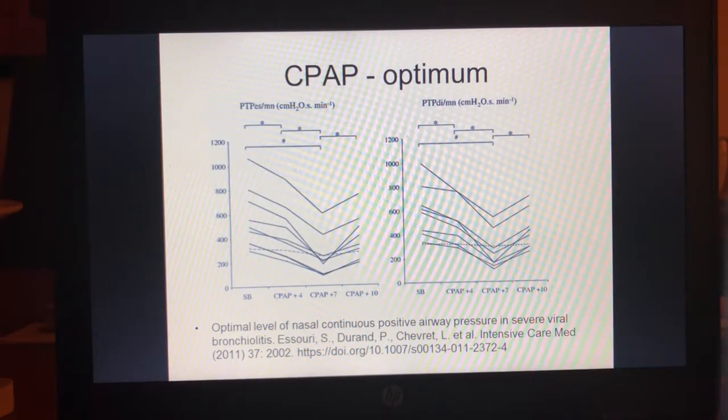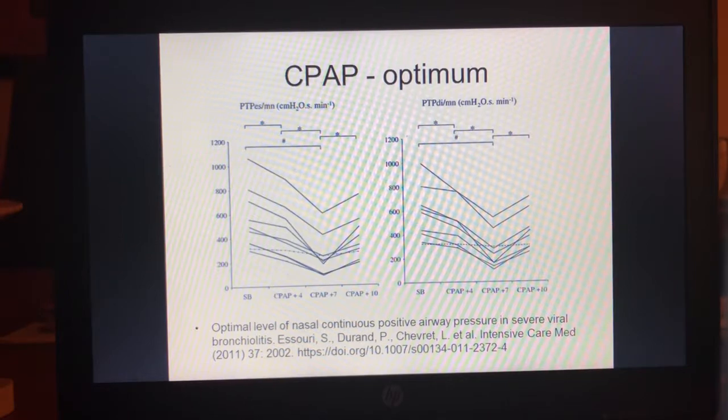So the left-hand y-axis shows the figures of PTPES per minute, and PTPES is pressure time product in the esophagus, and measuring that is a good marker for the work of breathing of all the respiratory muscles.